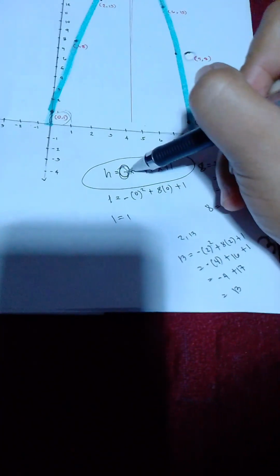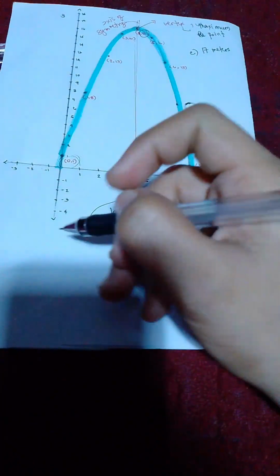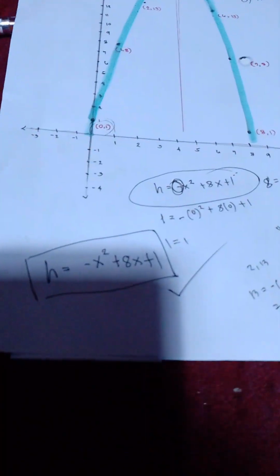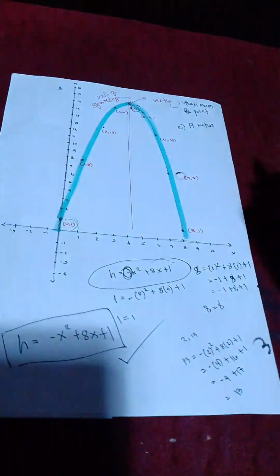So it's okay, it is only negative. h equals negative x squared plus 8x plus 1 can absolutely be a model of this graph.